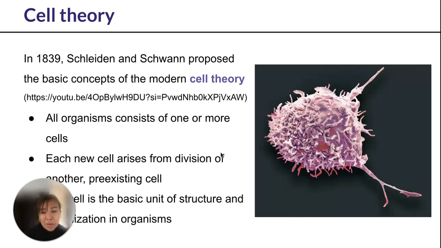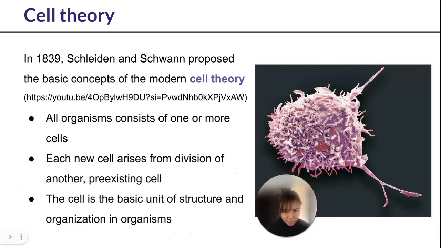They looked at different plants as well as animal cells and started proposing these different concepts of the cell theory, along with Rudolf Virchow, who, while observing cells under a microscope, actually saw cells dividing and producing two daughter cells. And so he, along with the other two and many other scientists, proposed cell theory.